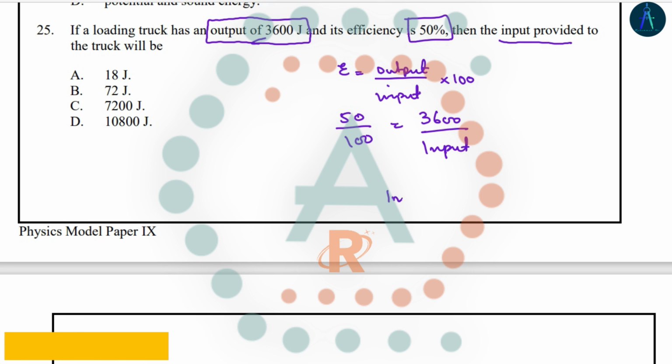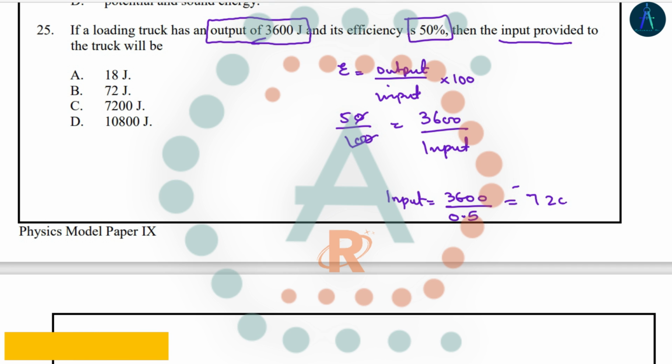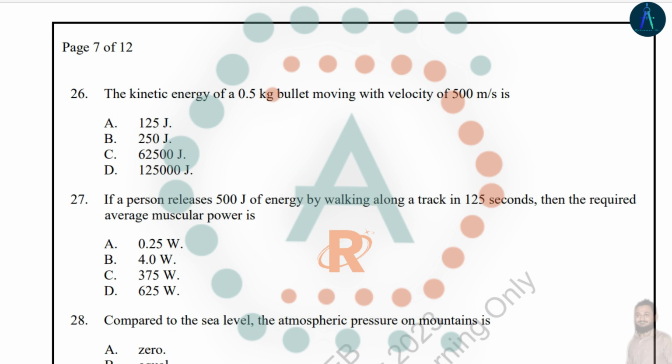So input will be equal to 3600 divided by 0.5. So this will become 7200 joules. So option D will be the right answer.